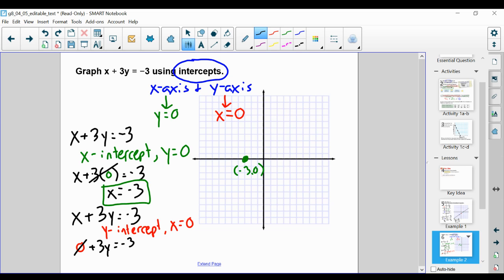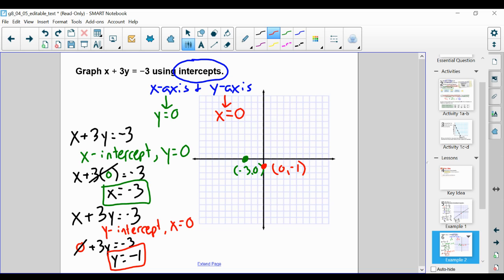Well, our 0 cancels out, and now we can divide both sides by positive 3, and we get that y is equal to negative 1. Therefore, our y-intercept is negative 1. So we have the coordinate point (0, -1). And that's how we're going to graph by using the intercepts.